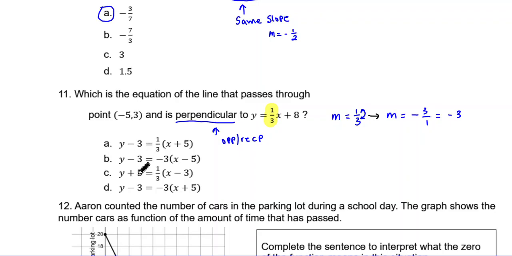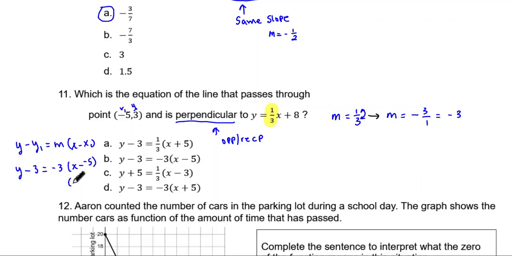Since I can see that they're all written in point-slope form, you remember when you have y minus y1 equals the slope times x minus x1. So y minus the y coordinate, which is 3, this is the y coordinate right there, y1, equals the slope, which I found to be negative 3, times x minus x1, which is negative 5.